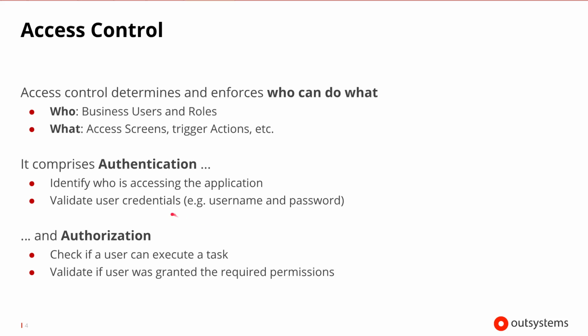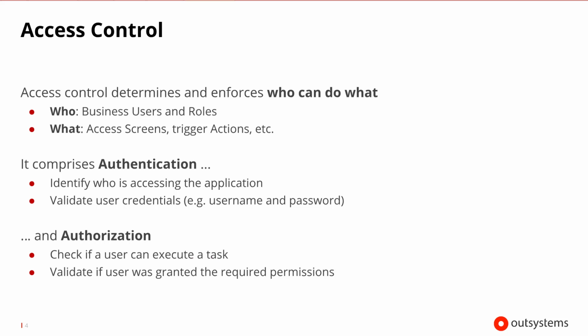So there are a number of ways to validate user credentials, but most applications will use a username and password approach. And then once we know who you are, we need to know about your authorization, which is what you can do. So we may wish to check whether a user can do a specific task and validate if they have the permissions to do different things in that task.